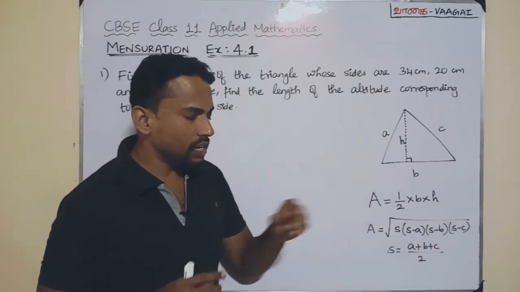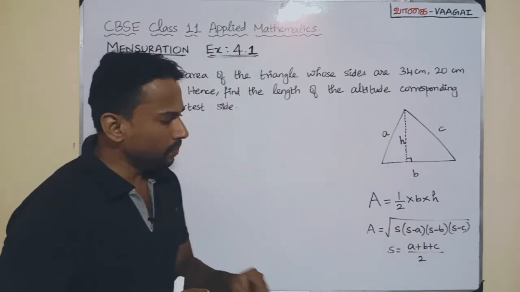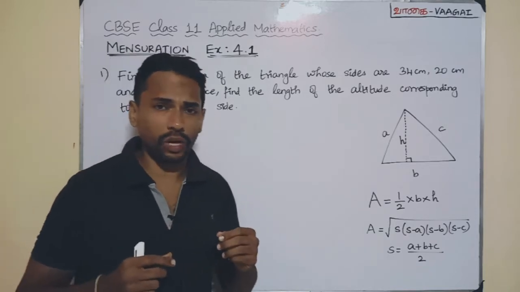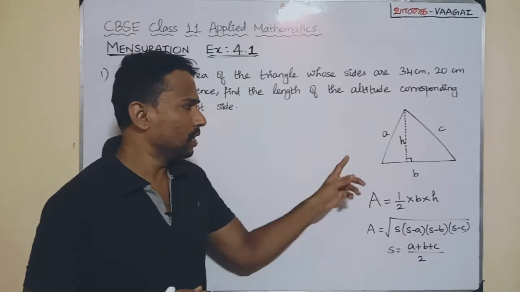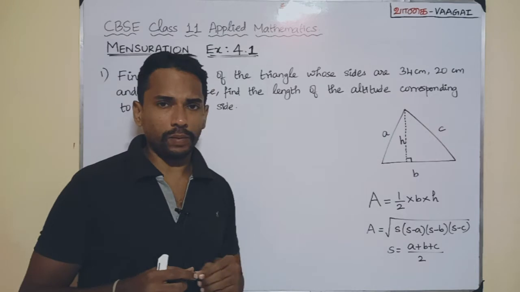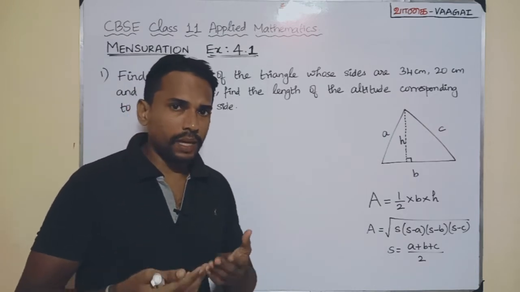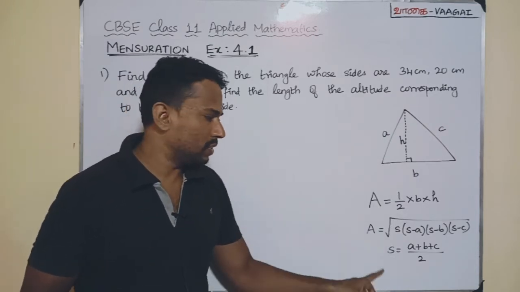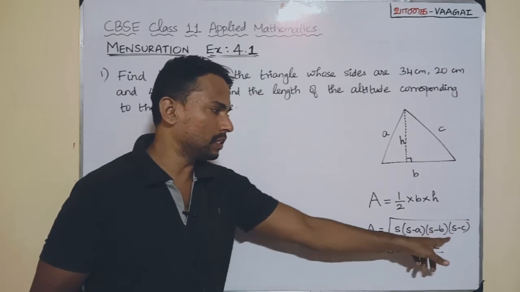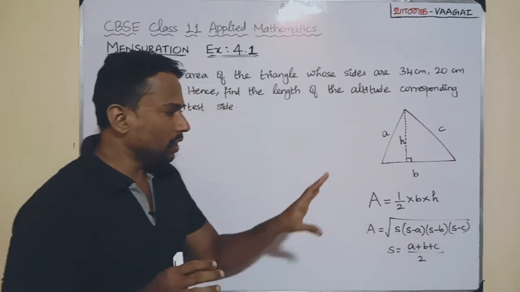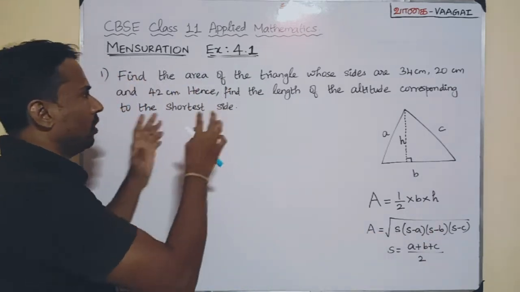But what about that S? That S is nothing but the semi-perimeter. The perimeter of this triangle is A plus B plus C, and semi-perimeter means half of that, which means S is A plus B plus C whole divided by 2. Using these two formulas we are going to solve the first problem.